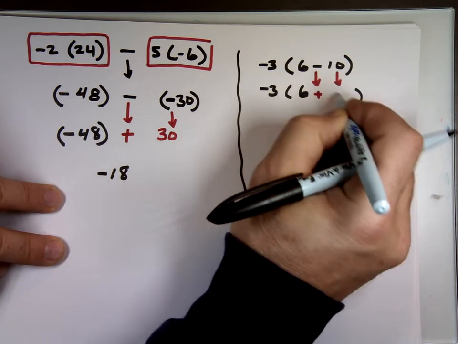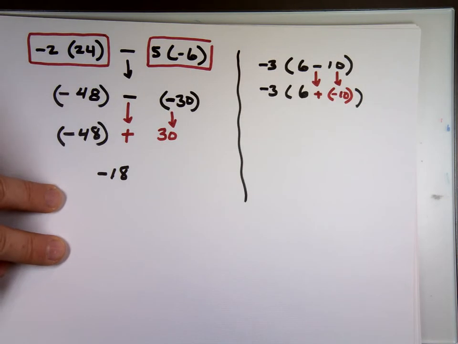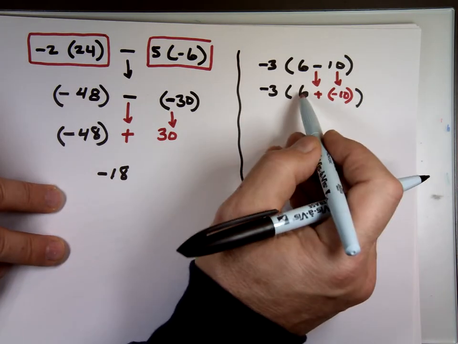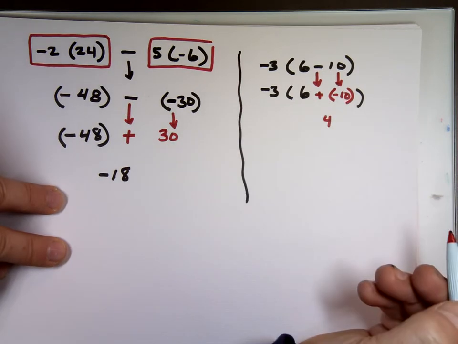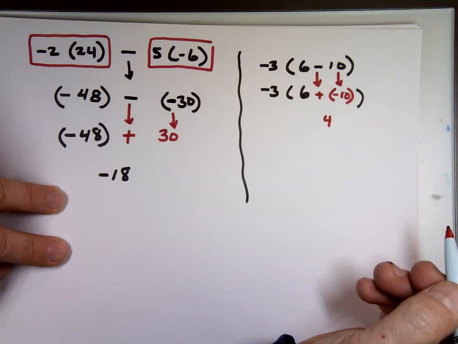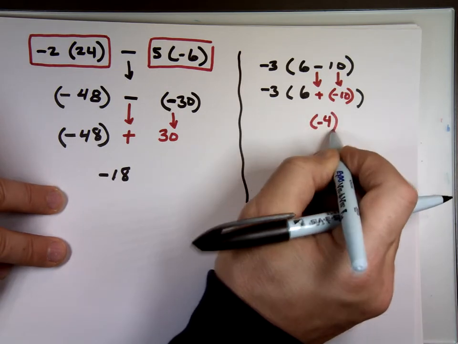Negative 10. Again, subtract the absolute values. 6 from 10, which is what? 4. And what is the sign of the number with a larger absolute value? Negative. So what's inside the parentheses is going to be negative 4.